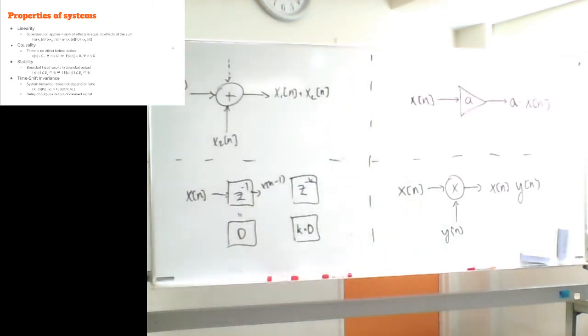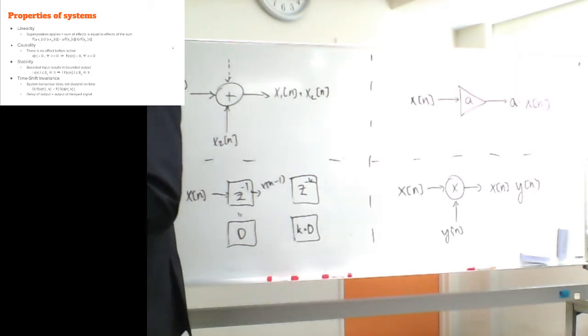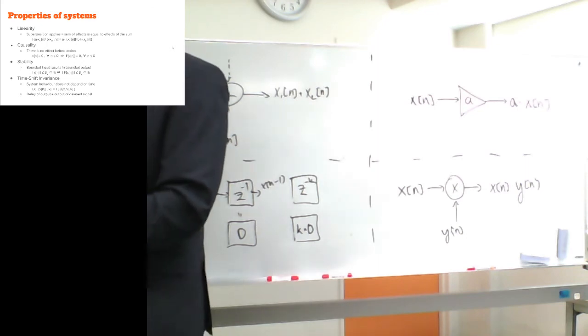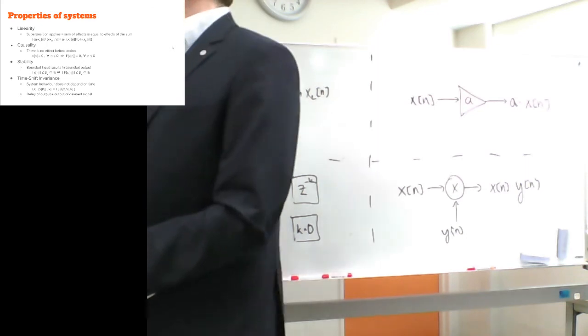Okay, causality. Causality means that the system does not forecast, doesn't have forecasting properties. So the reaction happens after the impulse.